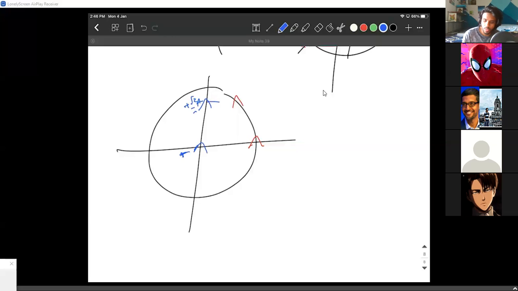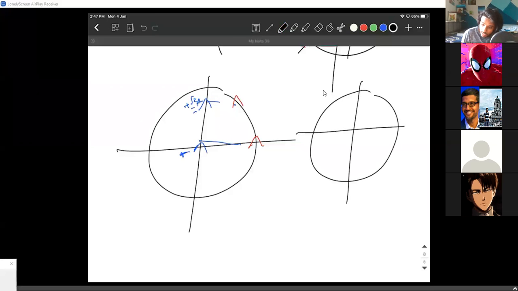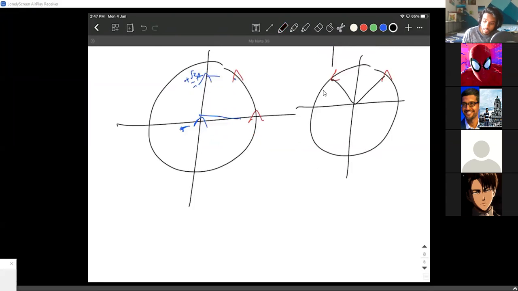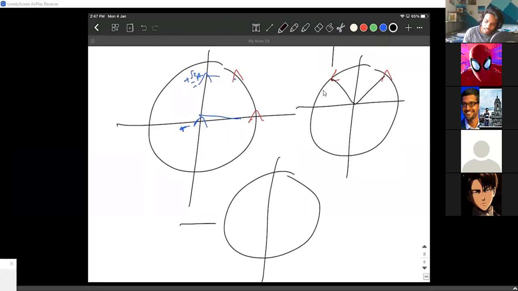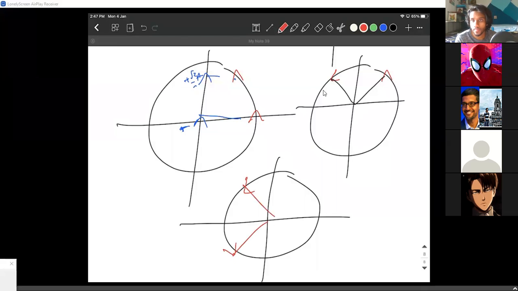Okay, so this is the case. Now, for them to meet, they have to be symmetric about this axis. For them to have a maximum separation, they have to come to a position like this. Aniket, I hope it is clear.